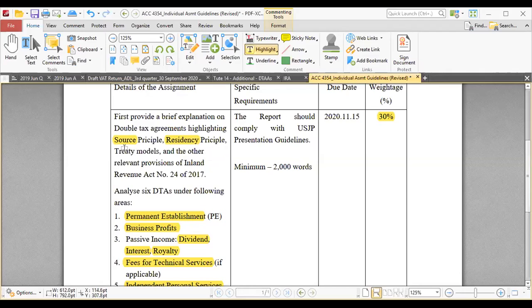The models in the sense of the OECD and UN models, which we discussed in the class together with the TUT. We generally use these 2 models, so you need to emphasize them and the main difference between them. If you refer to that, all the things are there.